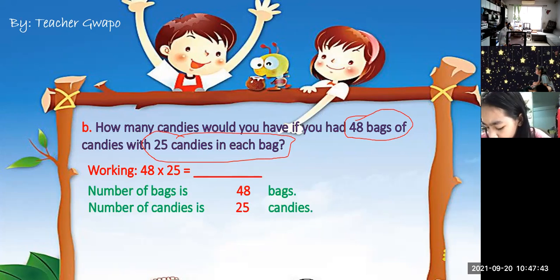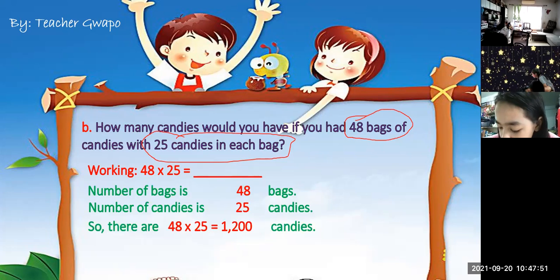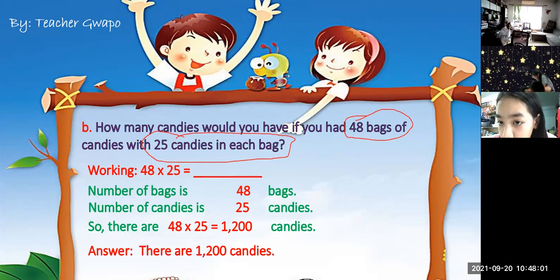And then we will just multiply. 48 times 25 is equals to 1,200 candies. So the answer, there are 1,200 candies altogether. Okay, that's it. Very easy.